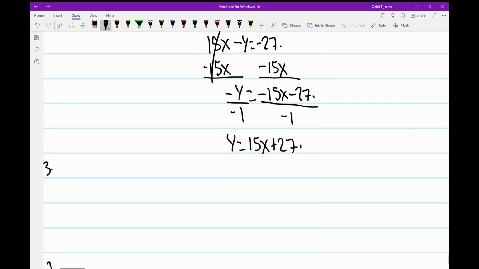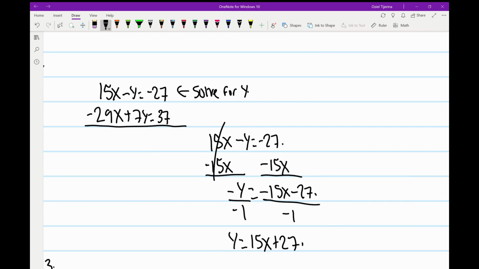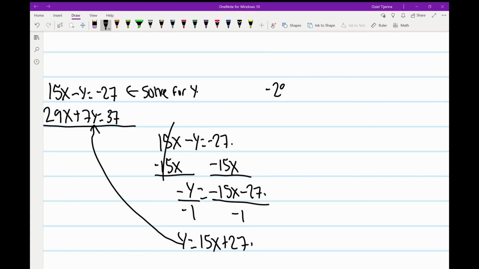So we're going to plug that in for this equation over here. So we get negative 29x plus 7 times a quantity 15x plus 27 equals 37, okay?